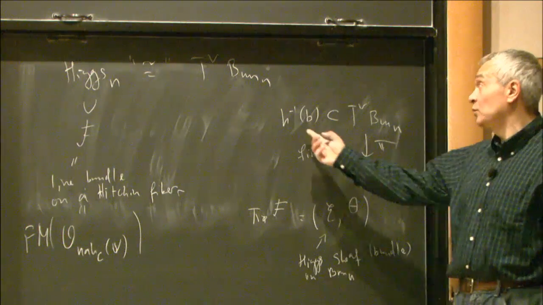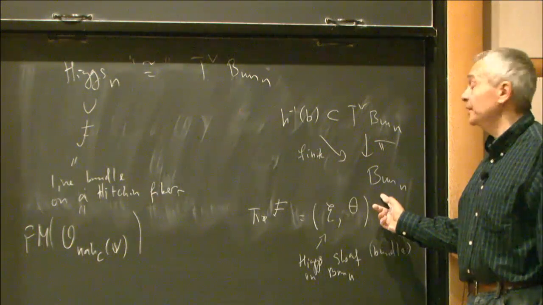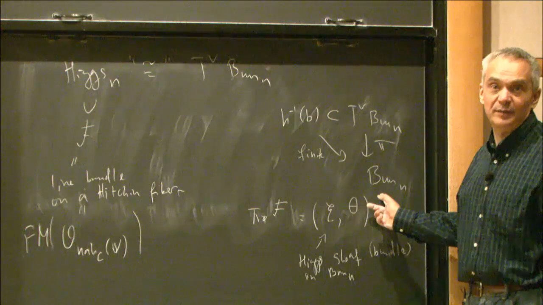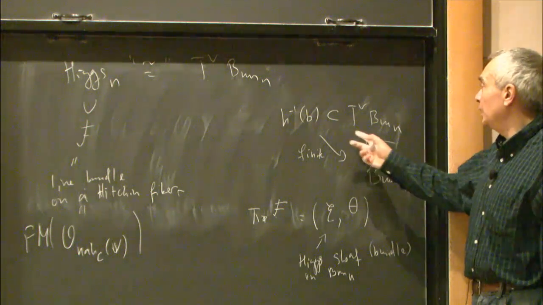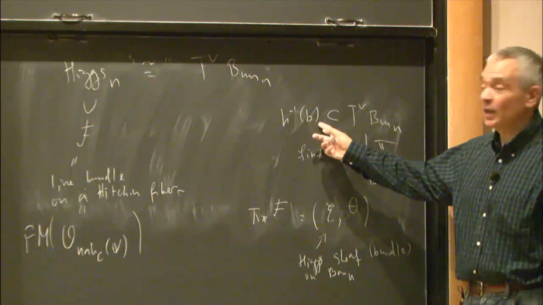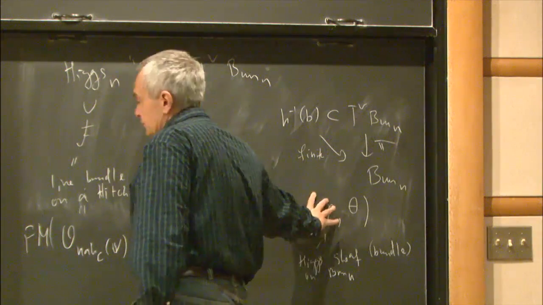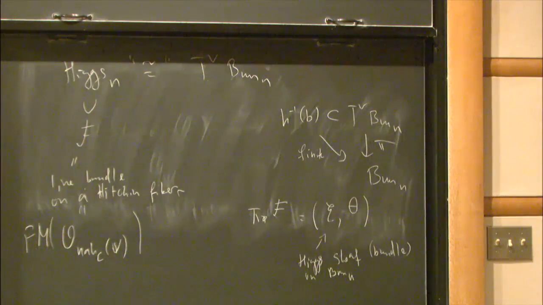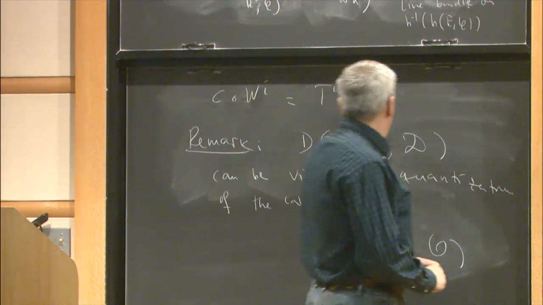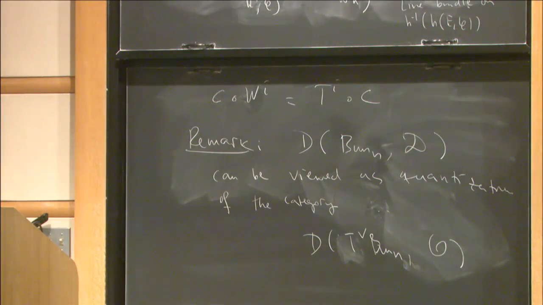And in fact, it could happen that the spectral cover is not finite over the base, that it has positive dimensional fibers in some high codimension. And so this part of the construction and the non-abelian Hodge correspondence are then both under suspicion. And so you need to handle this.